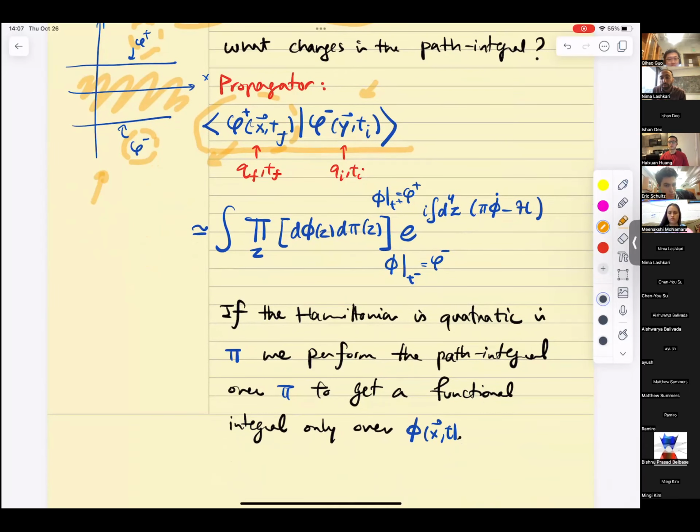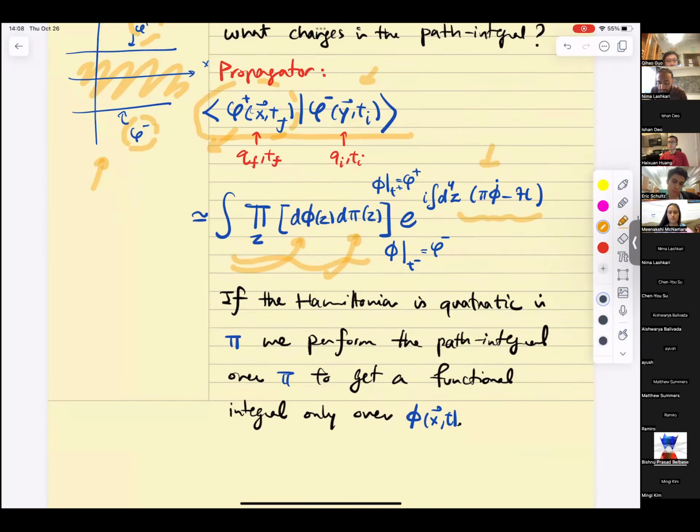But when you do this properly, you first get a path integral in the phase space. So you have a path integral over the field φ, and you have a path integral over the conjugate field π. This is the exponent.